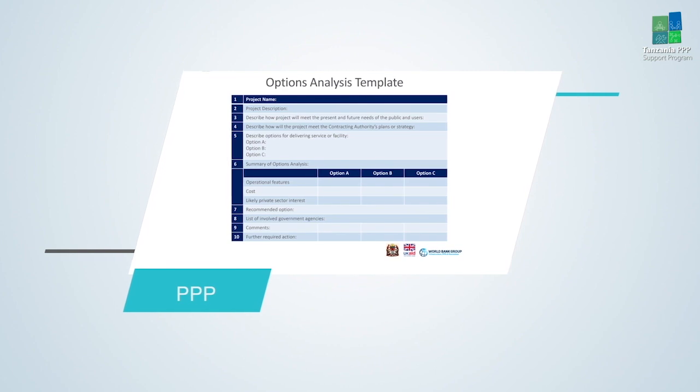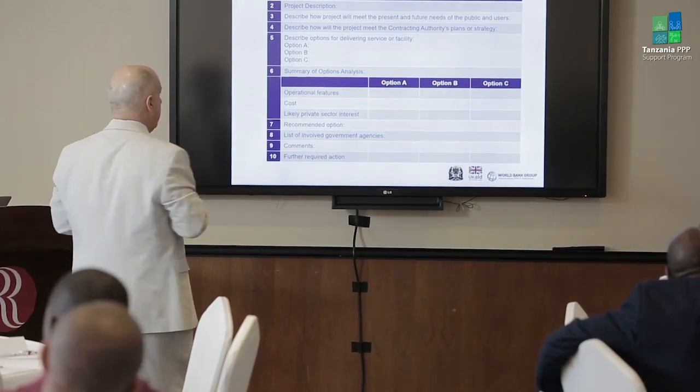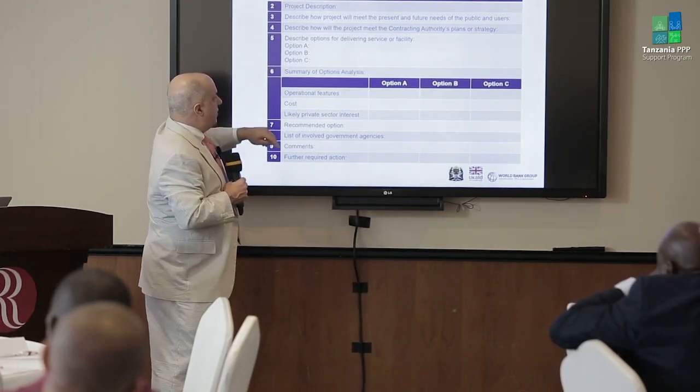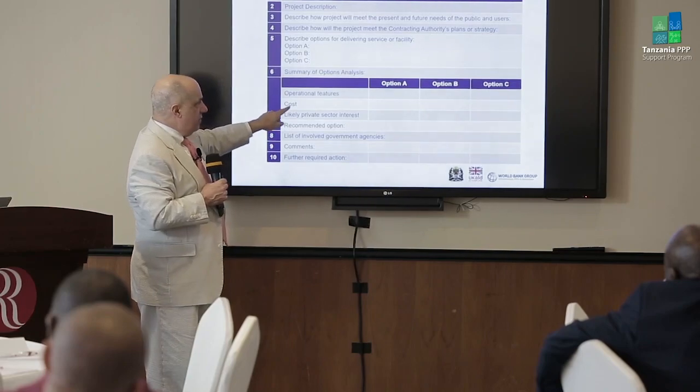Is it within the contracting authority, the ministry, for instance? Is it within their strategic plans to do? And here are the different options. Maybe you come up with 3 different options, and then you just describe the options: operationally, what the cost might be, and the cost might be very preliminary. Is there possible private sector interest in the project? And then you recommend what the option is.